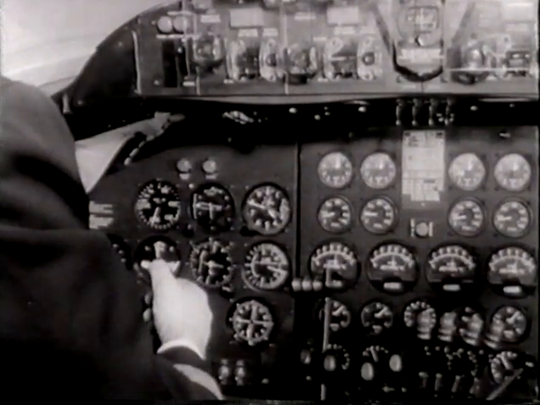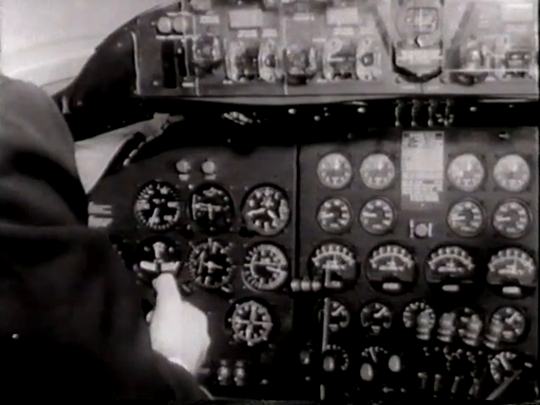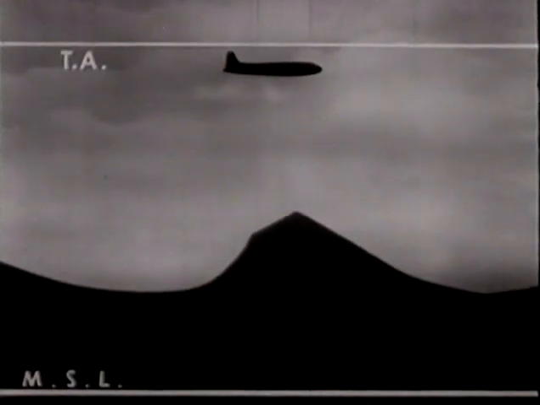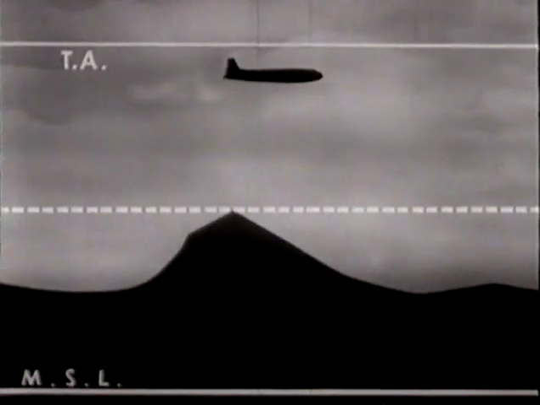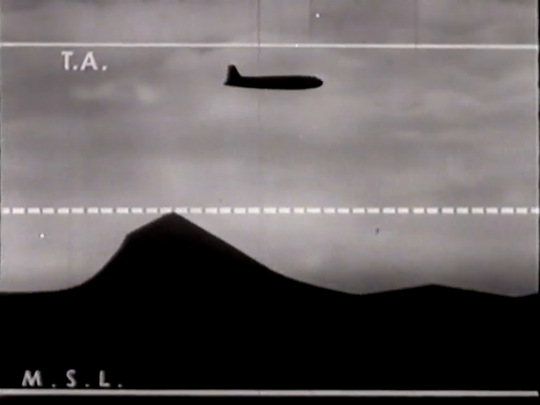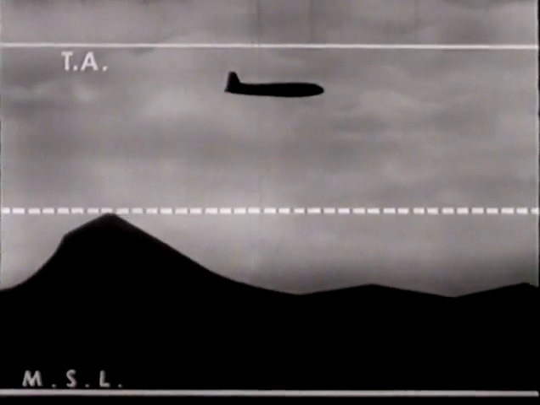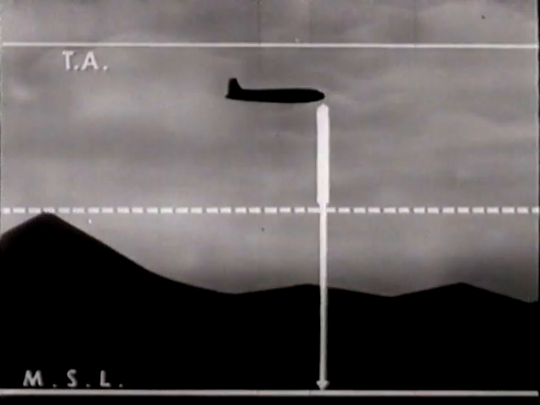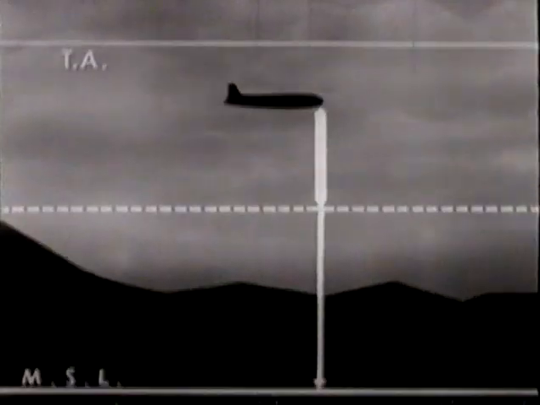This altimeter now indicates altitude above mean sea level, and the pilot can determine the aircraft's terrain clearance and elevation above the runway. The pilot could complete the final approach using only this QNH setting.